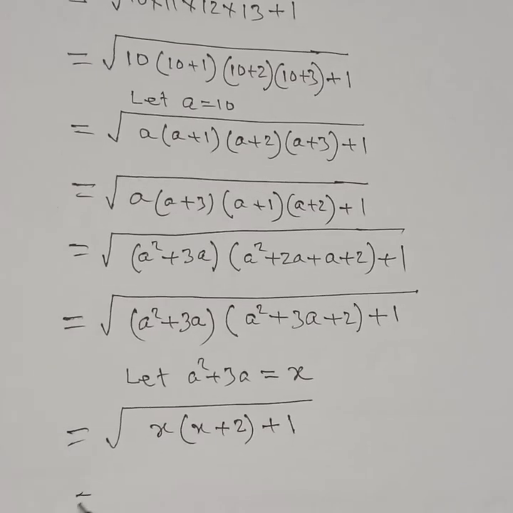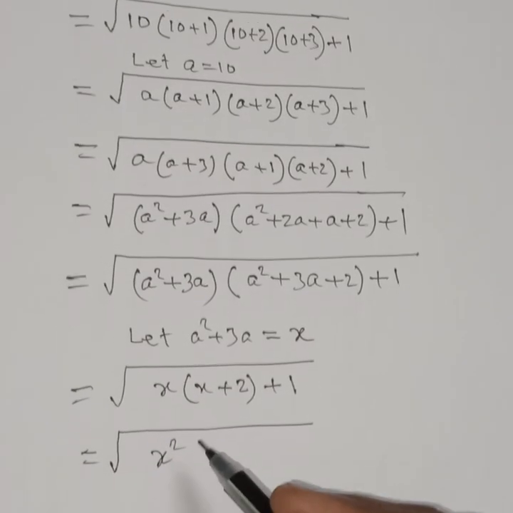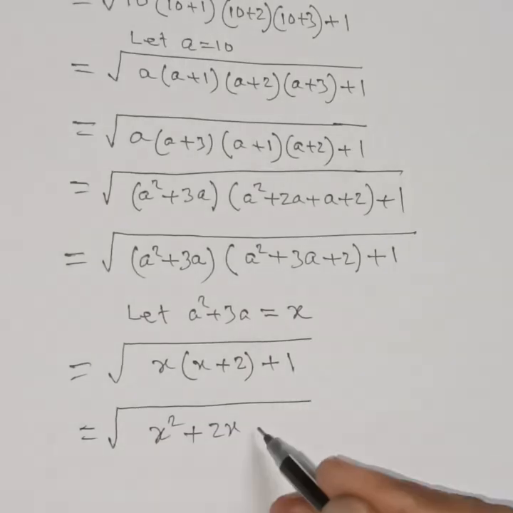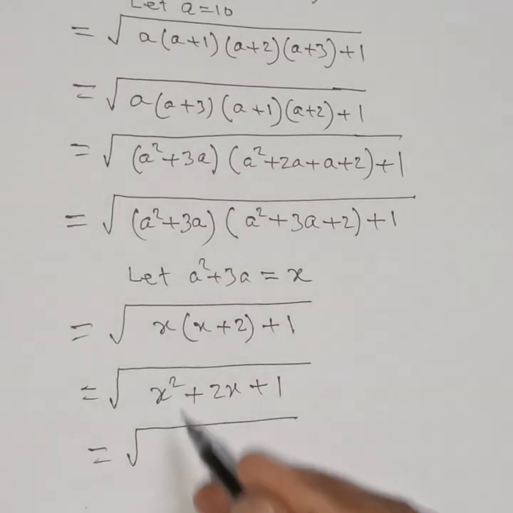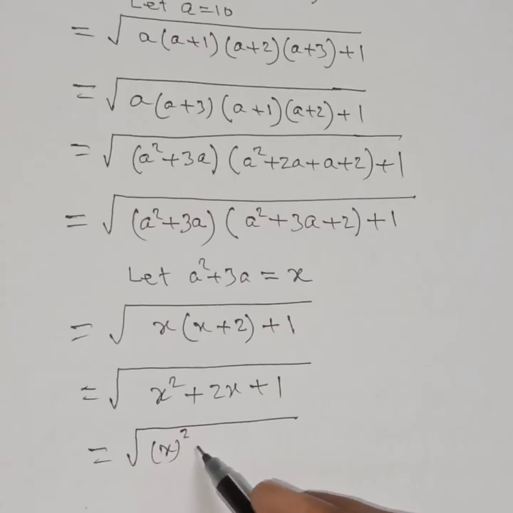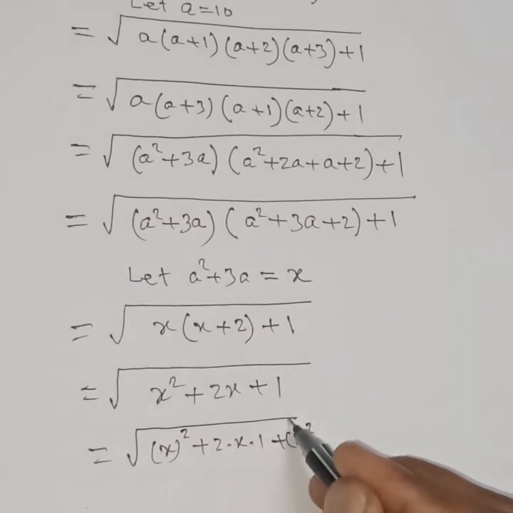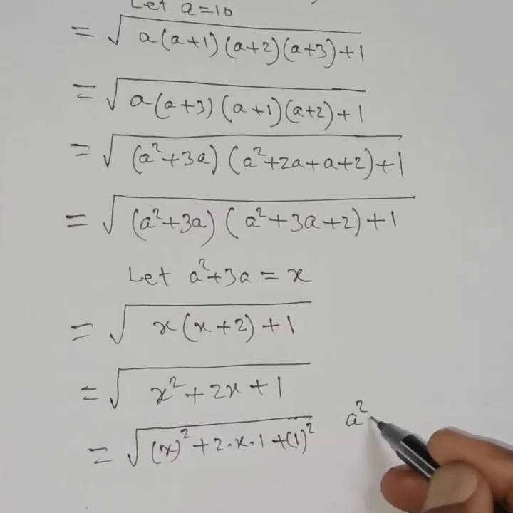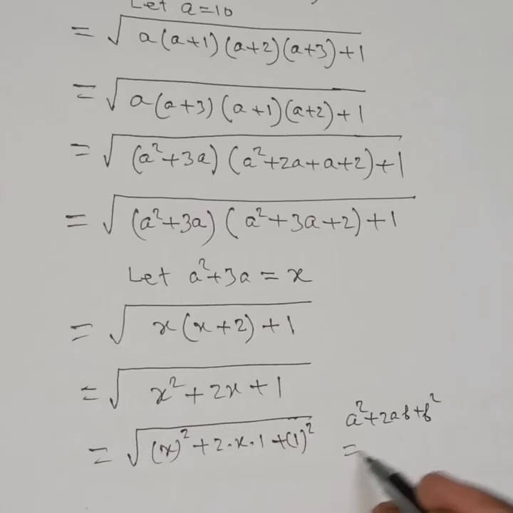Next step, square root of x into x square plus x into plus 2, 2x plus 1, and this can be written as x square plus 2 into x into 1 plus 1 square, and this expression is in the form a square plus 2ab plus b square, that is a plus b whole square.